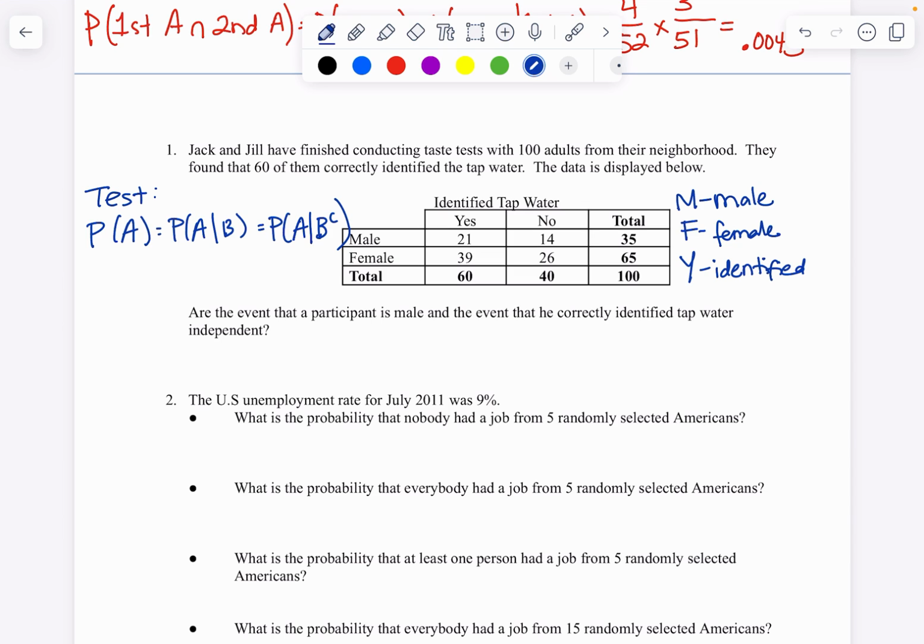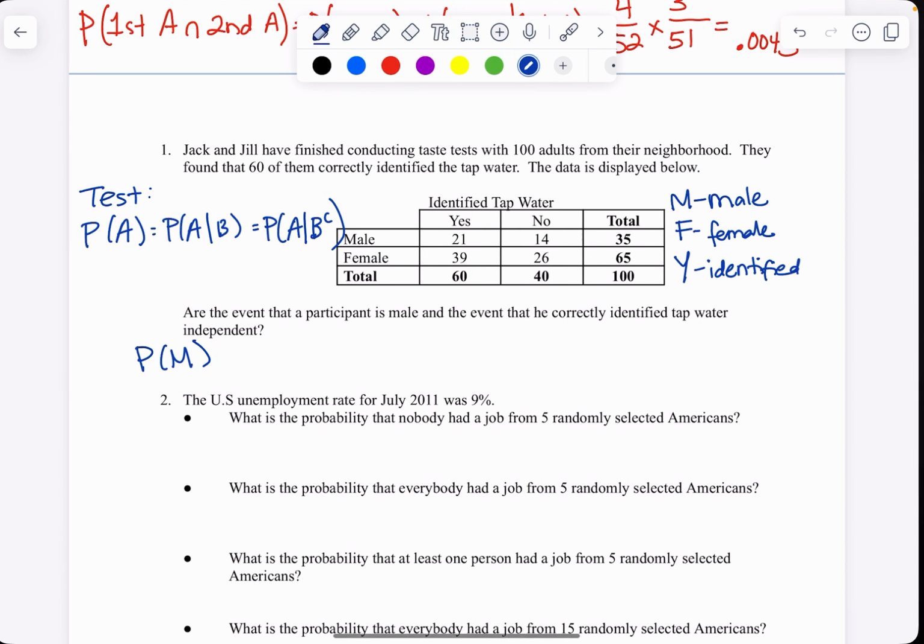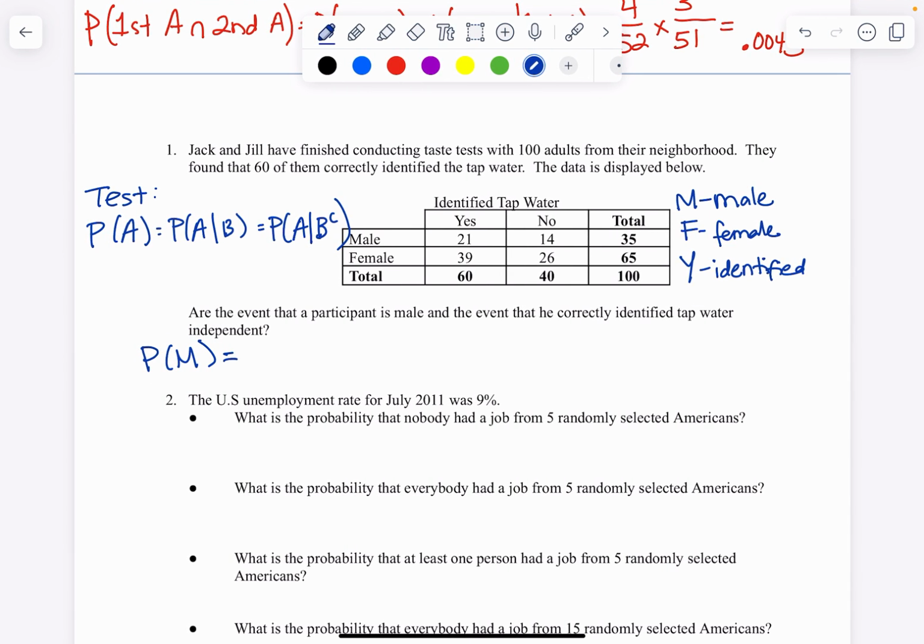Okay, so let's start by finding our probability of M, because we want to see is M and Y, are they independent events? There are 35 males out of 100 people in the sample, so our probability of male is 0.35. Okay, now we're going to find the probability of M given Y. It's the next part of our test.